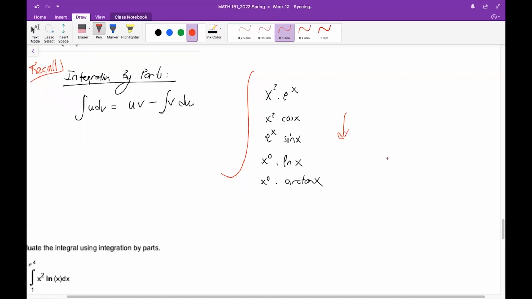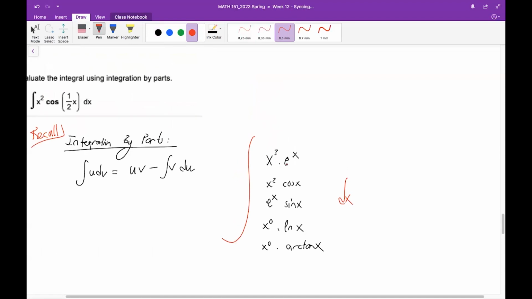If you have such things inside your integral, which consist of products of two different types of functions, these types are written like that in this shortcut, where L stands for the logarithm function, A stands for arc tangent x, arc sine x, such inverse trigonometric functions, and so on.